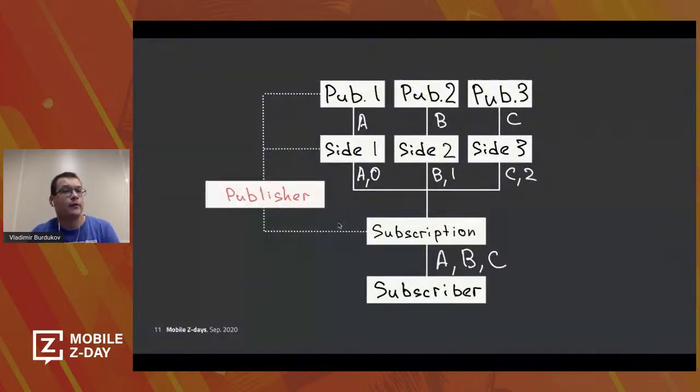So if we receive something from publisher 1, then we add index 0 to the value that we received from it and forward it into the subscription. Similar with other sinks. Then subscription combines everything into one array, and when it gets all the values at least once from each subscriber, it creates this array and sends it to the subscriber.